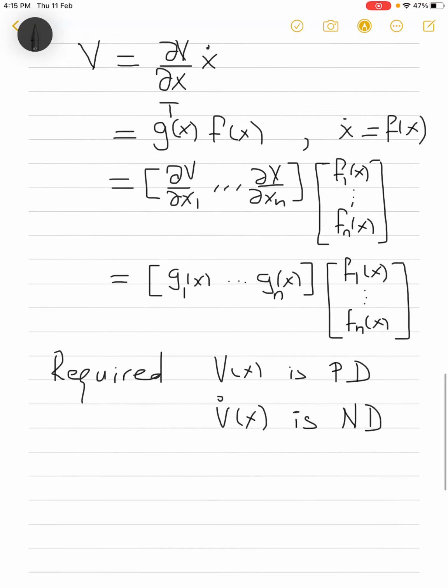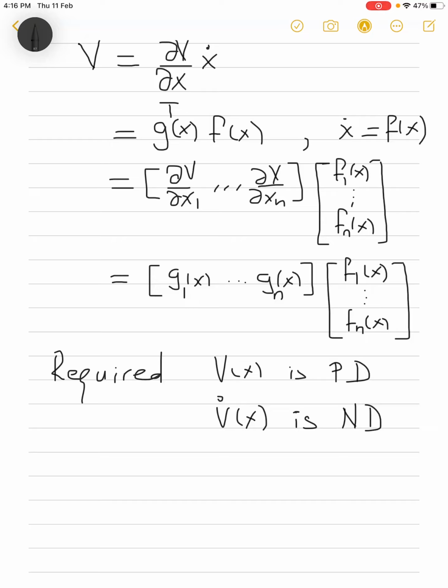Also, we notice since the function v is scalar, then we can calculate the Jacobian of the gradient vector g.